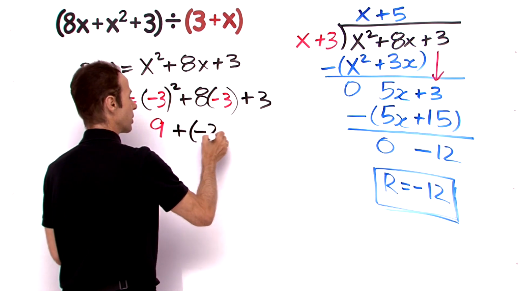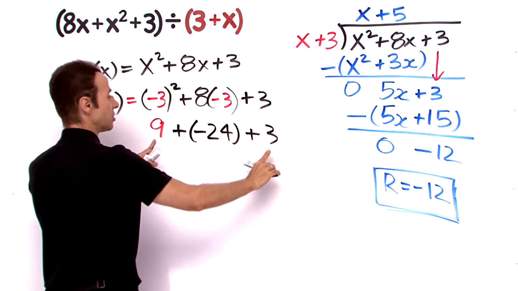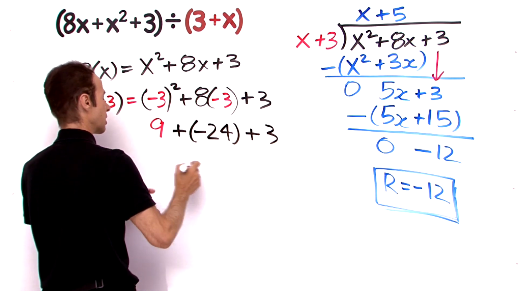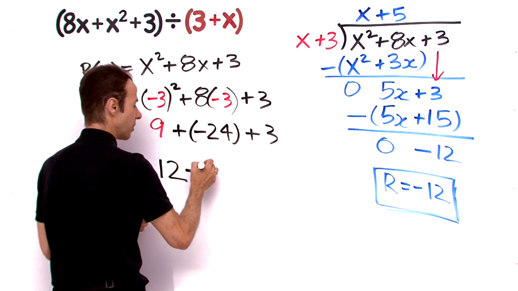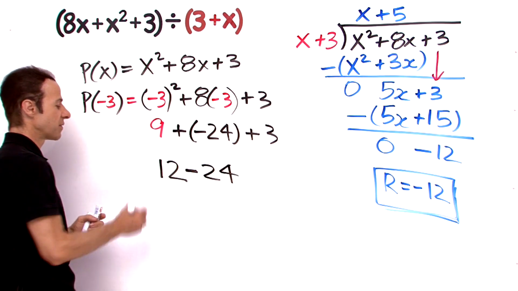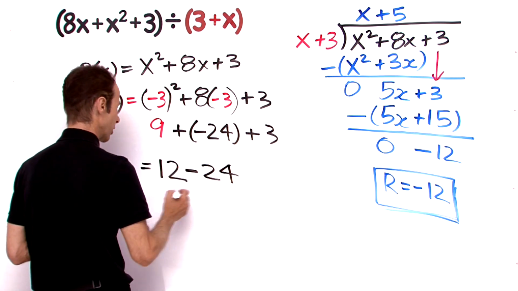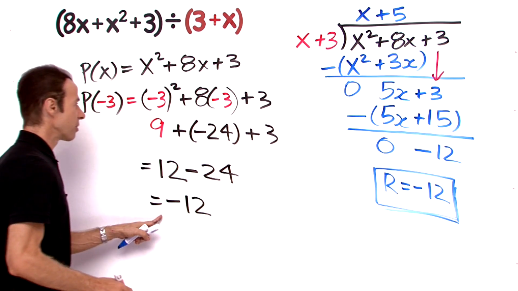So that's negative 24 plus 3. All right, let's add these two guys. 9 and 3, that's going to give us 12. So we have 12 plus minus is a minus, minus 24. Therefore, p of negative 3 gives us a value of 12 minus 24 equals what? Negative 12.